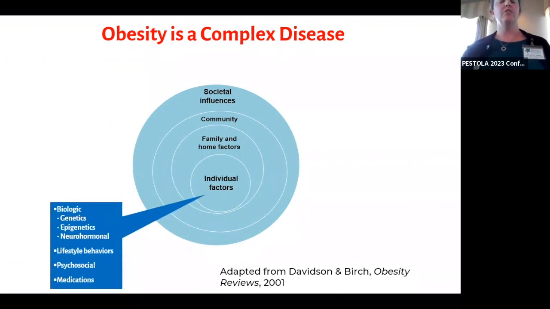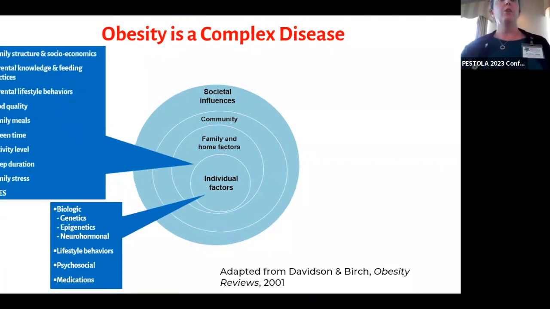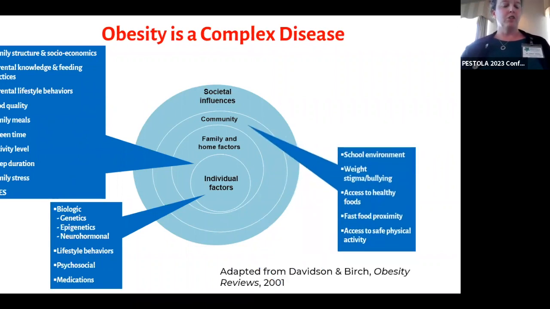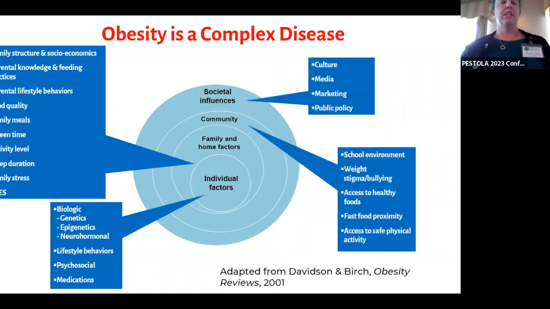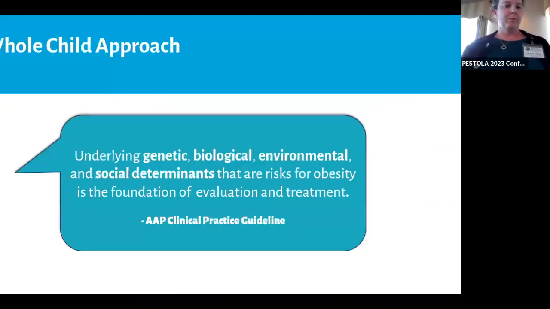So those include individual factors, family and home factors, including experiences such as adverse childhood experiences and trauma, and that's been alluded to in the previous talk, community factors, and societal influences. And it's notable that it's really the interaction between an individual's biology and the environmental factors that contribute to obesity, and we need to treat obesity as such.